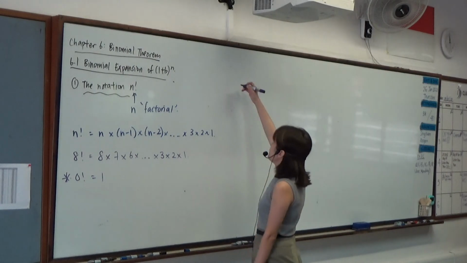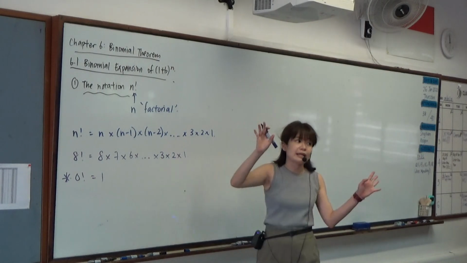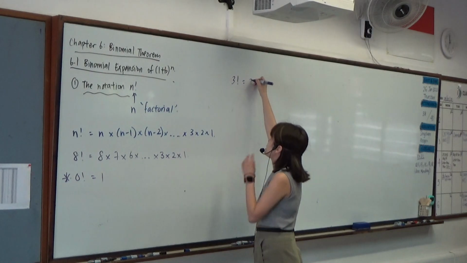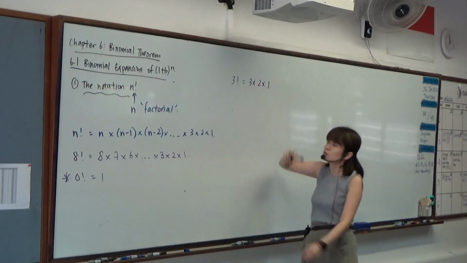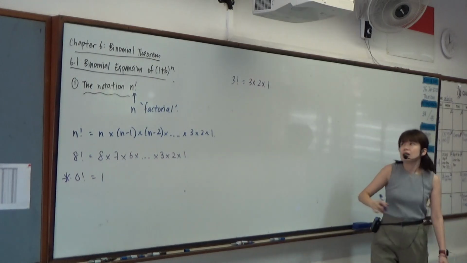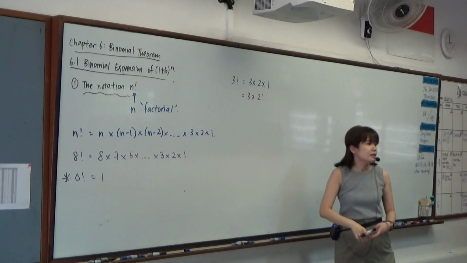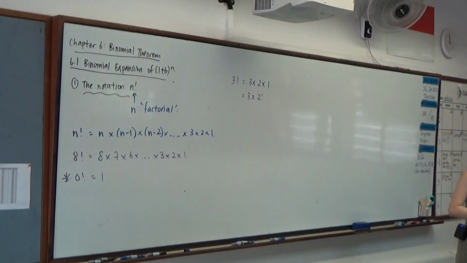So, I'll give an example so that it's easier to understand. Let's say 3 factorial. We know that it's 3 times 2 times 1, agree? Which is actually the same as writing 3 times 2 factorial, right? Because 2 factorial is 2 times 1.